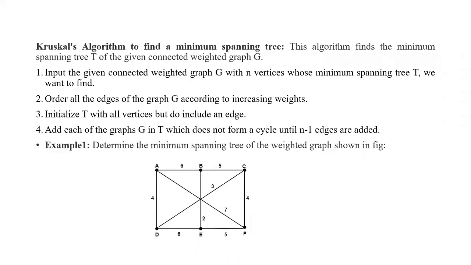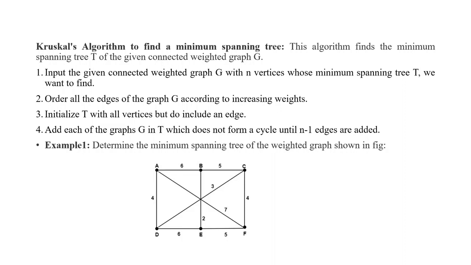Next, the Kruskal algorithm to find a minimum spanning tree. There are two algorithms to find the minimum spanning tree: one is Kruskal's and the second one is Prim's algorithm. This algorithm finds the minimum spanning tree T of a given connected weighted graph G. First, the input is a connected weighted graph G with n vertices, whose minimum spanning tree T we want to find.